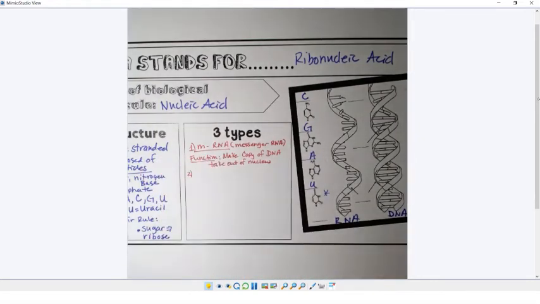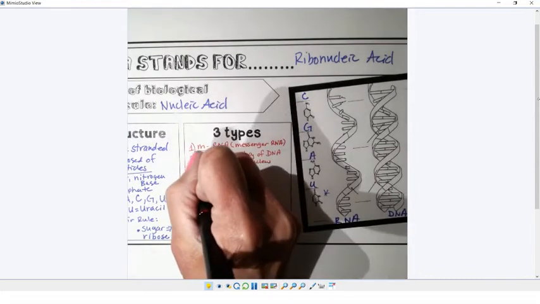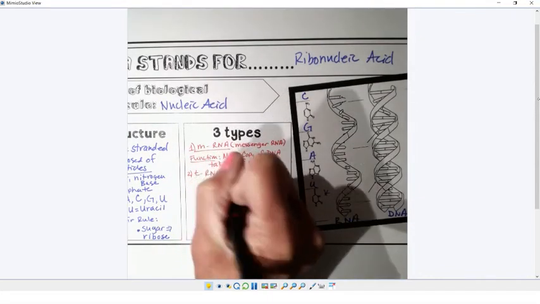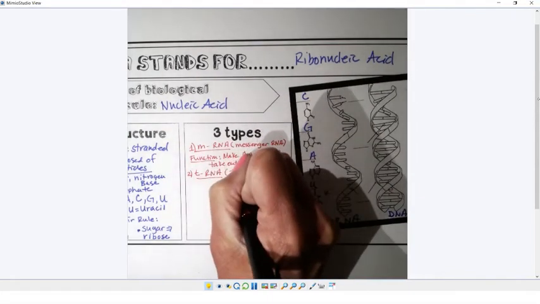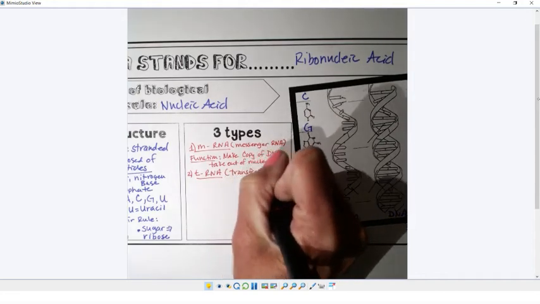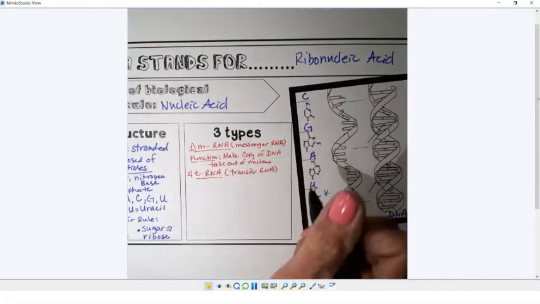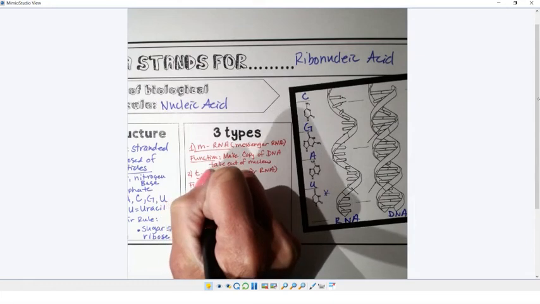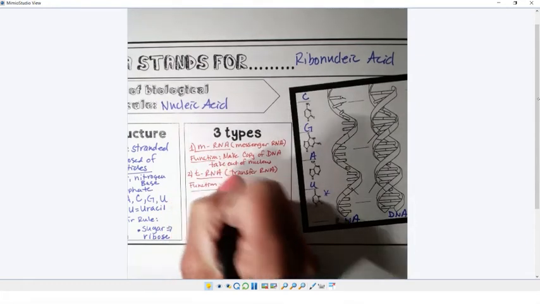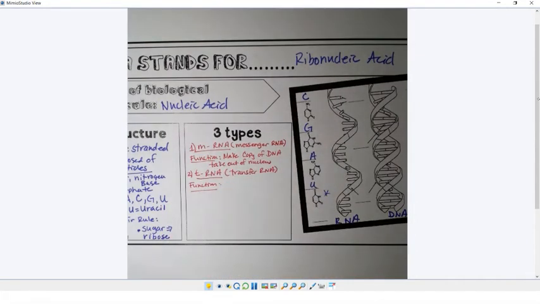Okay? Your second type of RNA is called tRNA, and that is transfer RNA. And his function, well, he kind of hangs out in the cytoplasm. His job is to hang out in the cytoplasm.